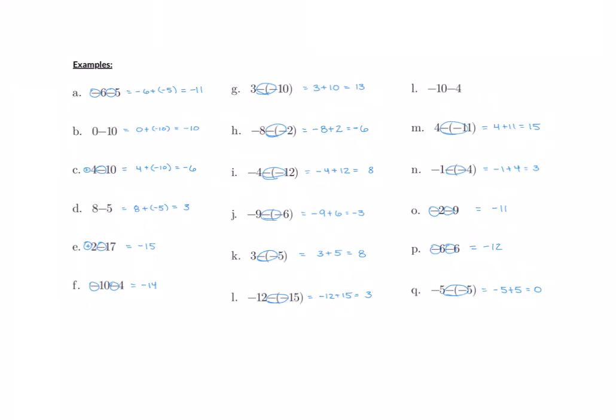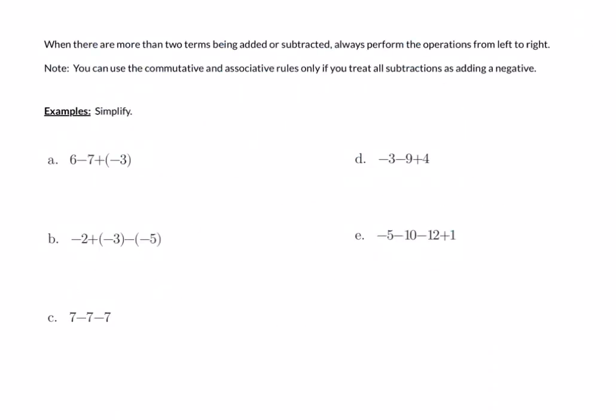Okay, so that takes care of subtracting two numbers. So let's go ahead and extend the concept. When there are more than two terms being added or subtracted, always perform the operations from left to right. Now, we can use the commutative and associative rules only if we treat all subtractions as adding a negative.